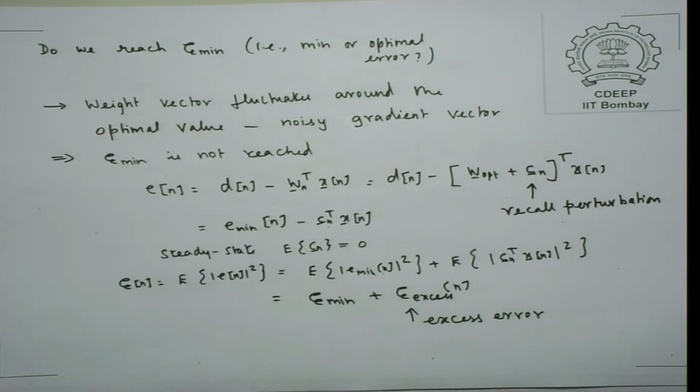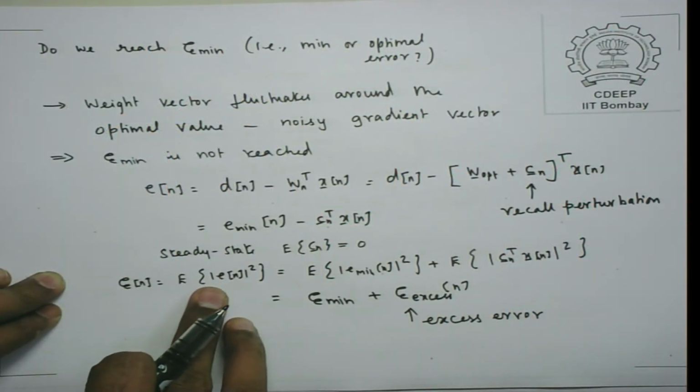To answer this, we need to understand that the LMS underlying approach is steepest descent, which is the gradient update. In steepest descent, the way we discussed, if you have access to statistics, these gradients were well behaved, whereas in the LMS, these gradients depend just on e of n and x of n.